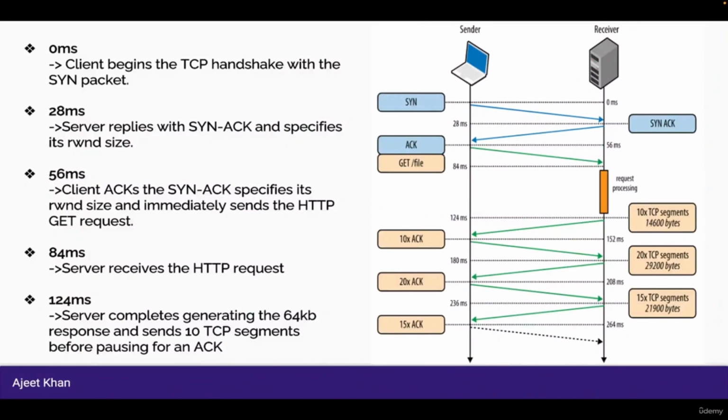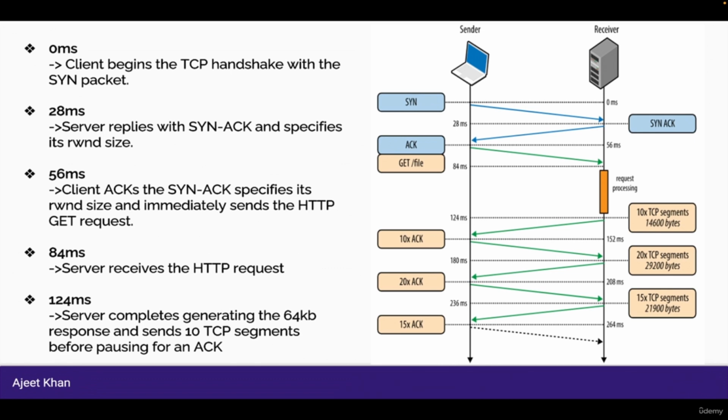At 0 milliseconds, the client begins the TCP handshake with a SYN packet, and at 28 milliseconds the SYN packet is acknowledged. At 56 milliseconds the client acknowledges the SYN ACK packet, specifies its RWND size, that is the receive window size, and immediately sends an HTTP GET request.